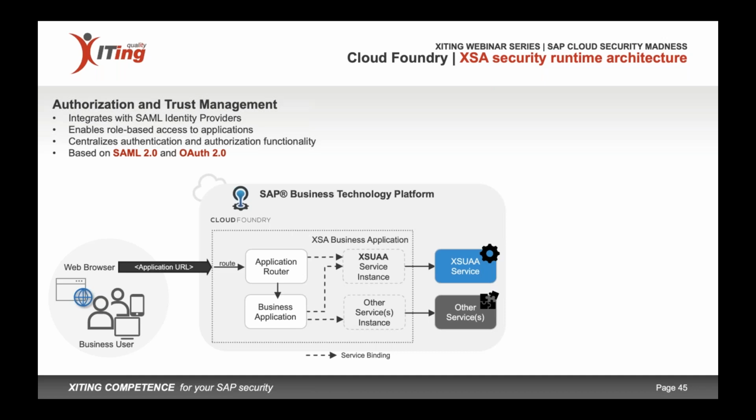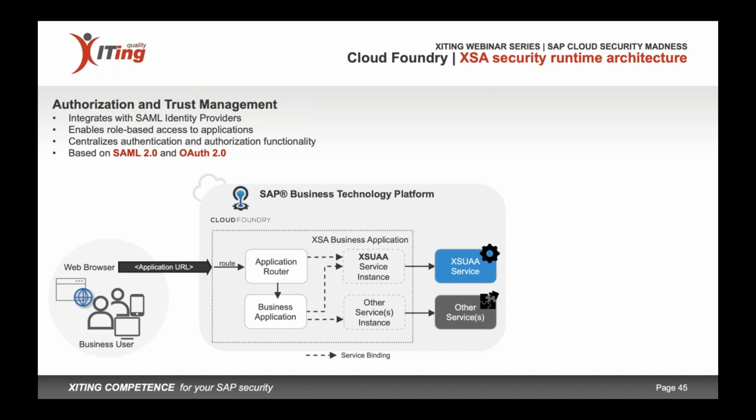And that also involves SAML and OAuth 2 as the two important standards. So technically, OAuth 2 is used for authorization, while SAML is used for authentication and also to provide the claims that are used to build the OAuth token, the so-called JSON Web Token, or in short, JWT.